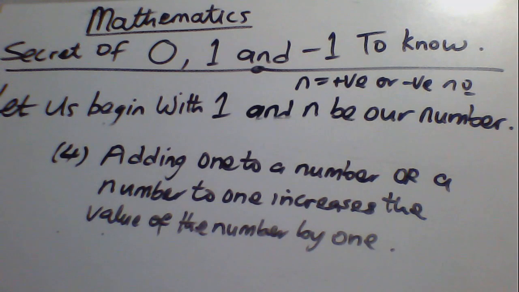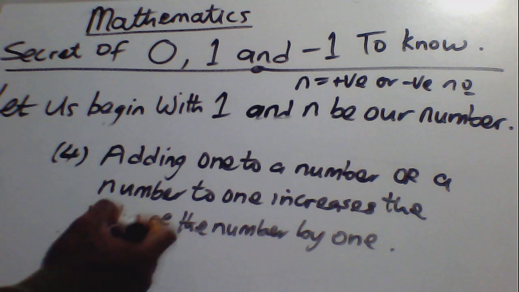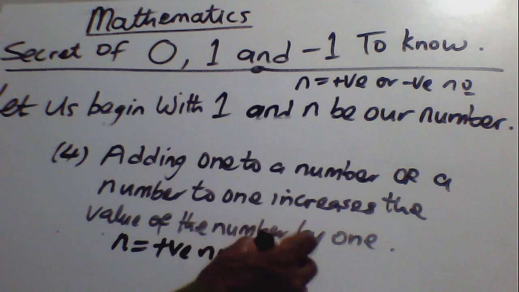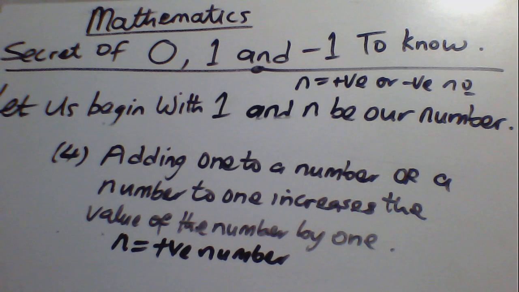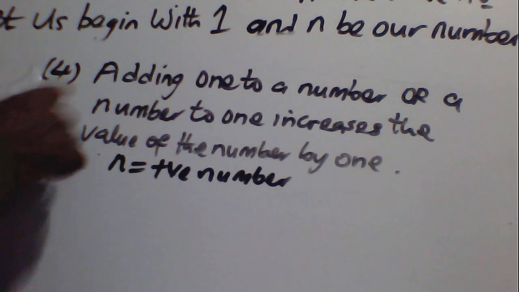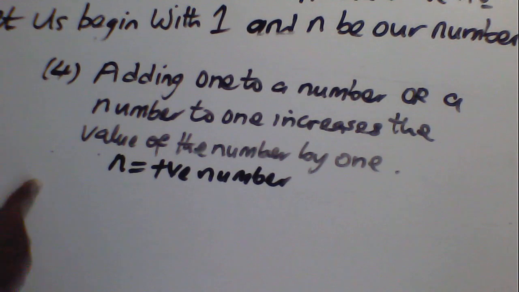So you can read this sentence again. Adding 1 to a number or a number to 1 increases the value of the number by 1. In this case, n is equal to a positive number, because if it is negative, it will not increase it. We'll come to that in the next number. That is, we are at 4 here, the next is 5.